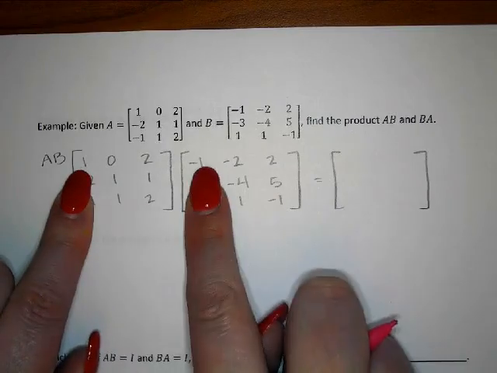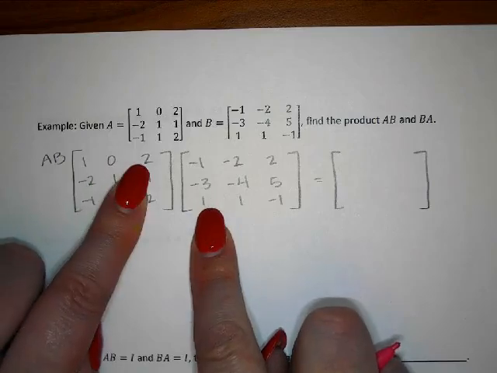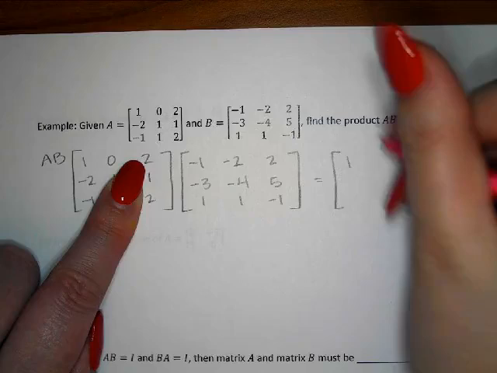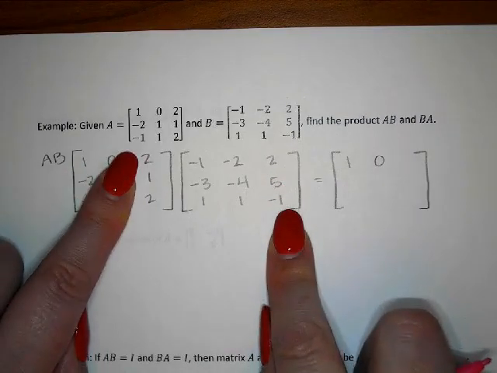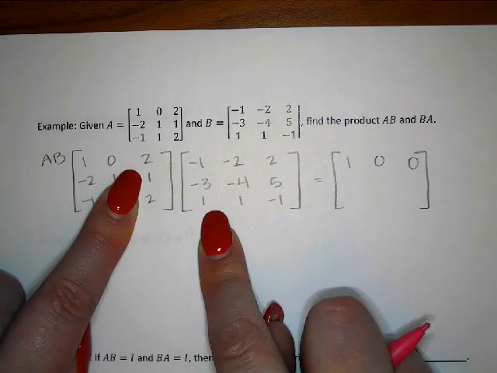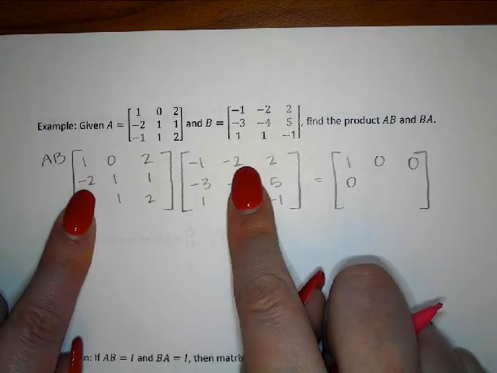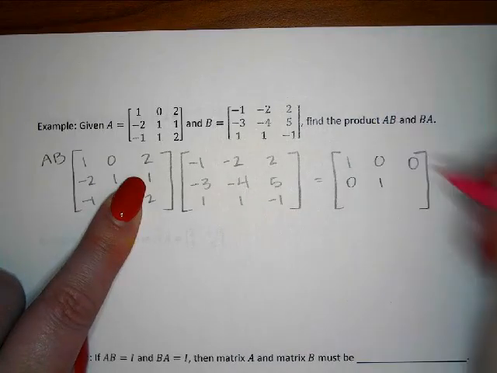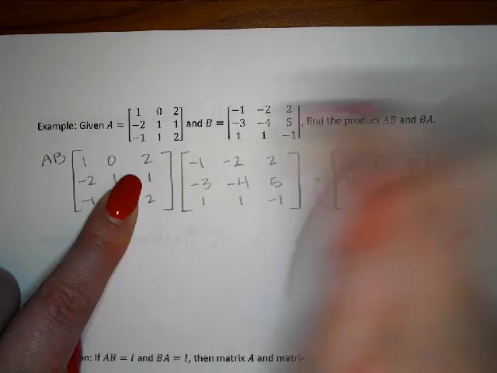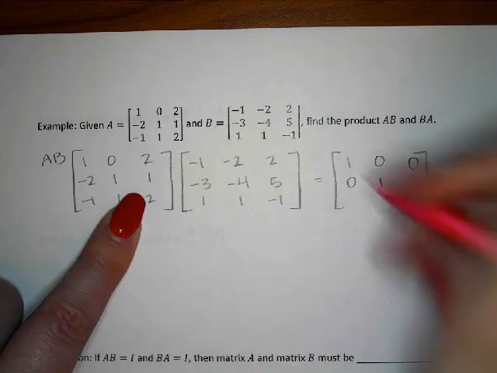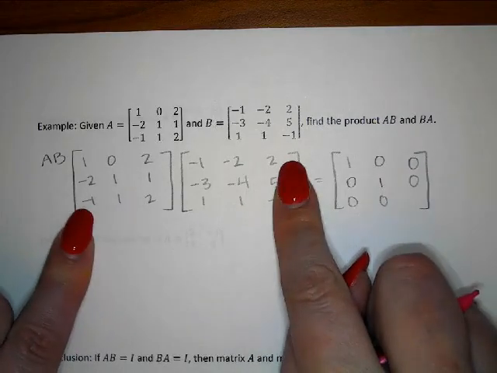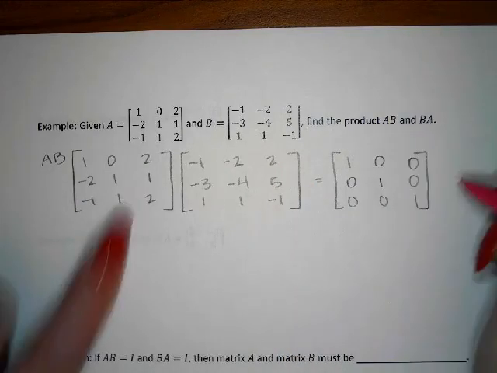Okay, so -1, 0, 2 gives us 1. -2, 0, 2 gives us 0. 2, 0, -2 gives us 0. 2, -3, 1 gives us 0. 4, -4, 1 gives us 1. -4, 5, -1 gives us 0. 1, -3, 2 gives us 0. 2, -4, 2 gives us 0. -2, 5, -2 gives us 1. So we got the identity.